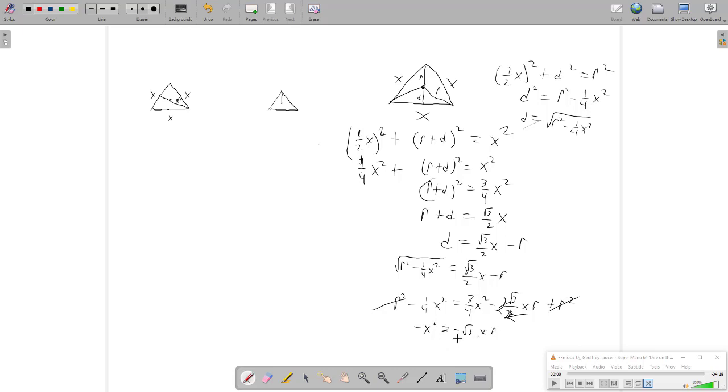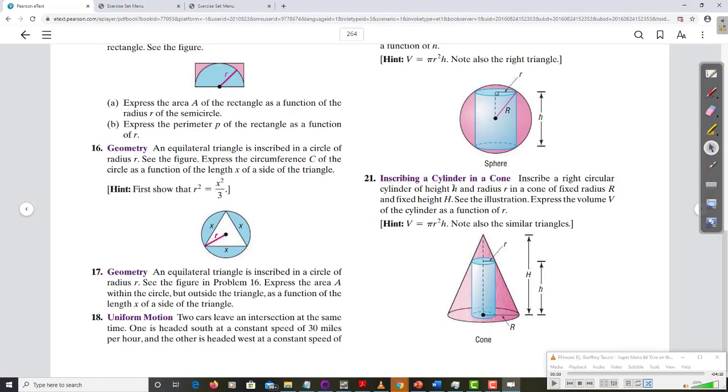Divide out the x, divide out the square root of 3. R equals x over square root 3. And I believe, yeah, that's basically the same instruction. R squared is x squared over 3, so r equals x over square root 3.